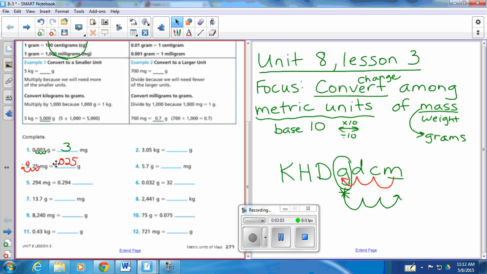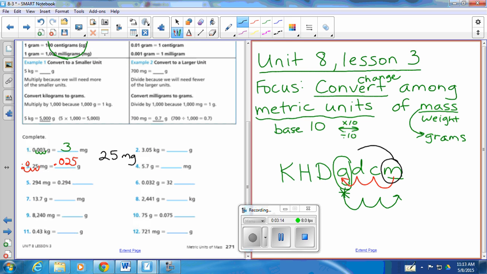So let's talk about what we're doing mathematically. So here, if we have 25 milligrams, how many milligrams are in a gram? Remember, it's times 10. So this is 1, this would be 10, this would be 1,000.